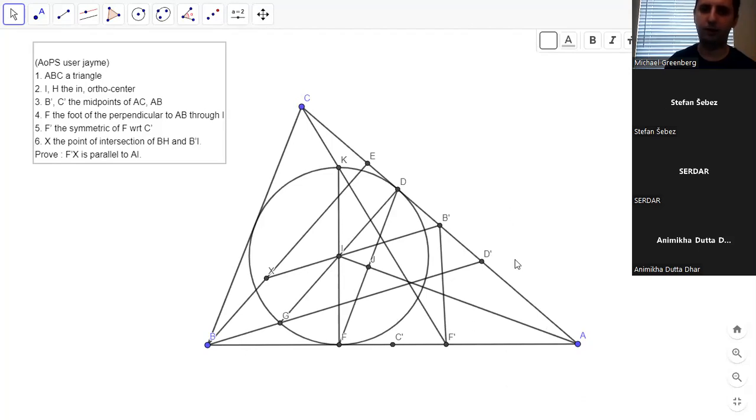But we still have to use the IM lemma to show that BG and B prime are parallel. So we know this is a parallelogram right here.